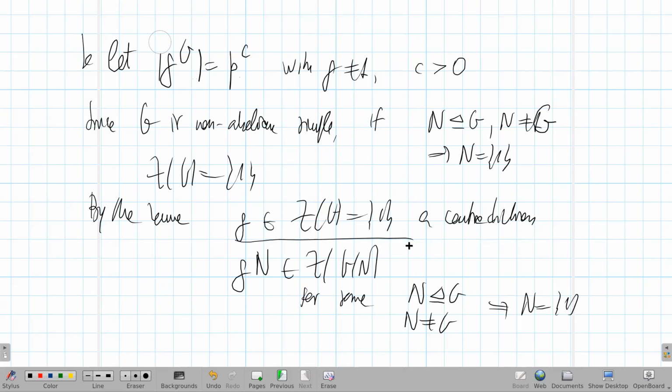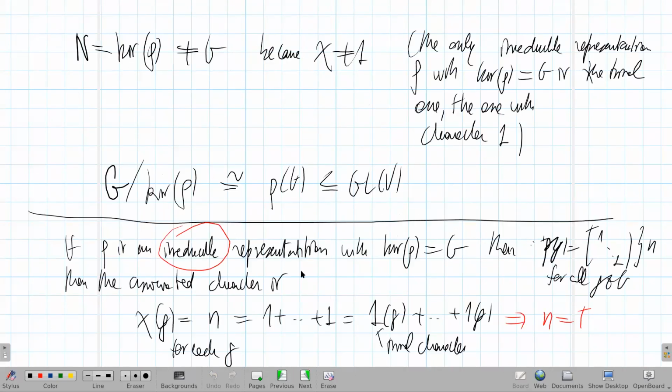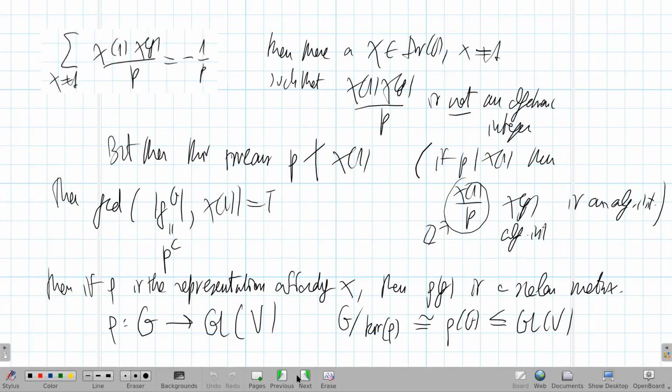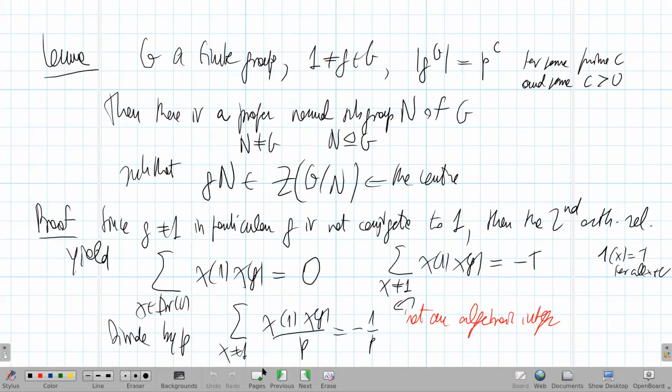So as you see, the proof is really using the previous lemmas, in particular the lemma that tells you that if you have an element in a finite group different from 1 whose class has order a power of a prime, then in a certain quotient it is in the center.